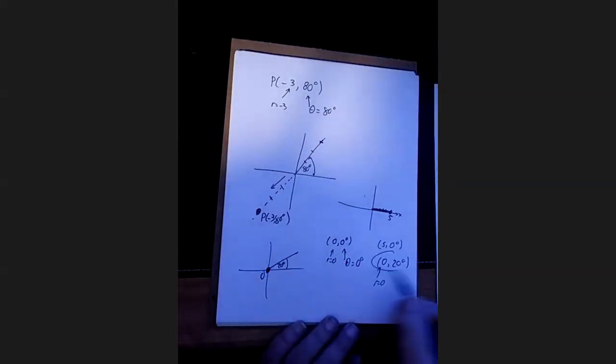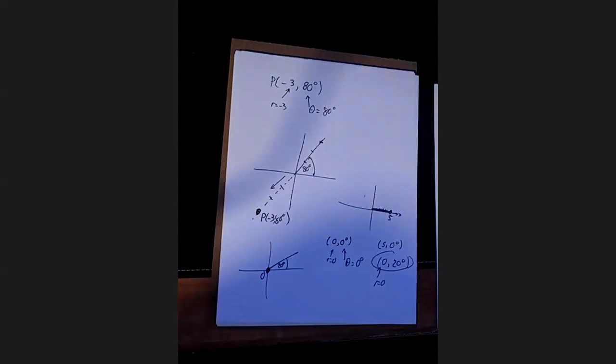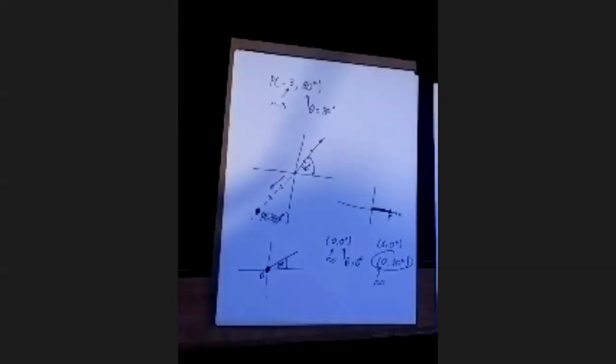In fact, isn't 0, any angle you like at the origin? 0, 10 degrees is the origin. 0, 50 degrees is the origin. 0, negative pi upon 2 is the origin. So if the r value is 0, you will always end up at the origin. It doesn't really matter which angle you use to project.